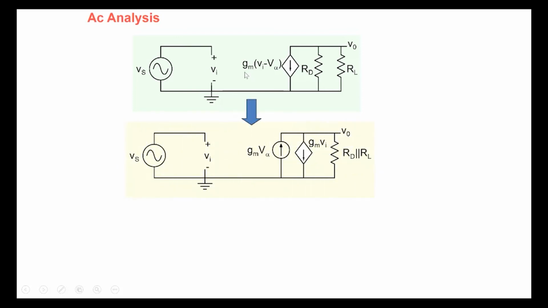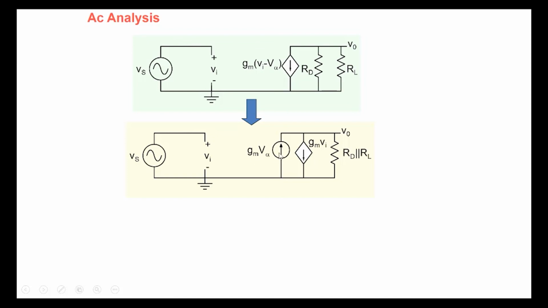If we look at the transistor model here, this particular term GM (VI minus V alpha), you can break it up into two current sources. One is GM VI, which is shown here, and the other one is minus GM V alpha, which we can write like this, GM times V alpha.